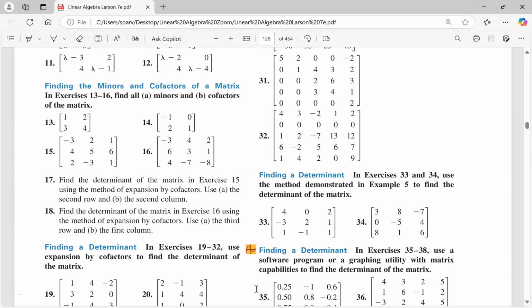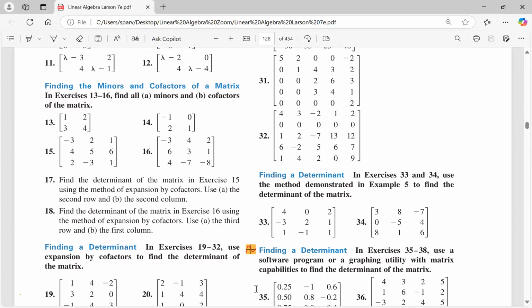In exercise number 16, I'm going to write it down on my notepad. Number 16, the matrix is negative 3, 6, 4, 4, 3, negative 7, and 2, 1, negative 8. Okay, so that's our matrix.